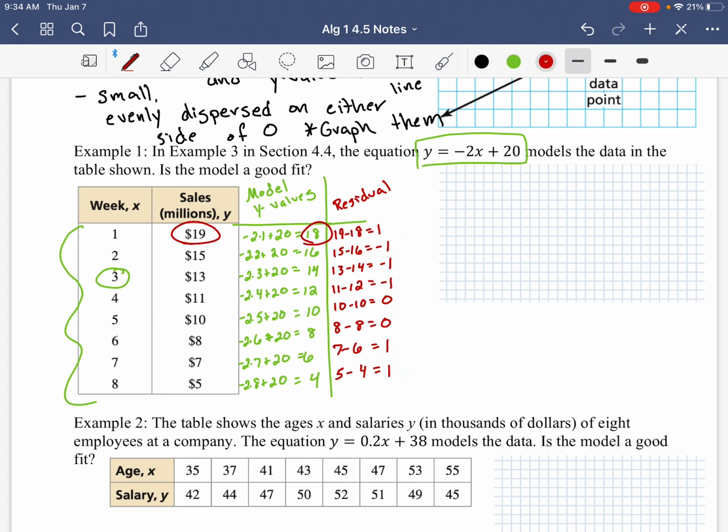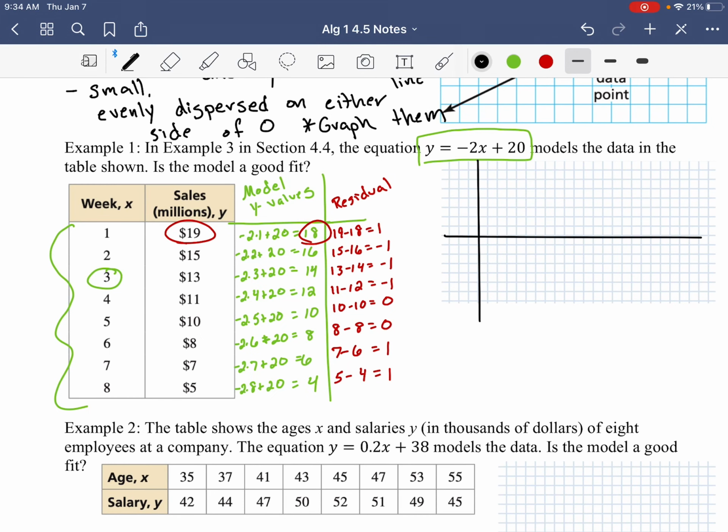Okay, so we are going to graph those residuals with these x values. So I need to create my table. Looks like we're just positive x's, but we've got positive and negative y's. So we're going to graph these residuals. This would be the point 1, 1.